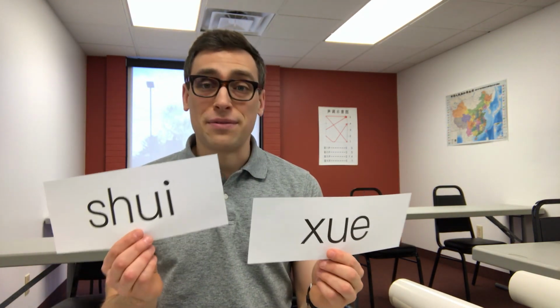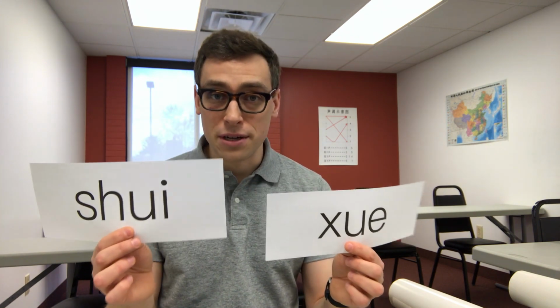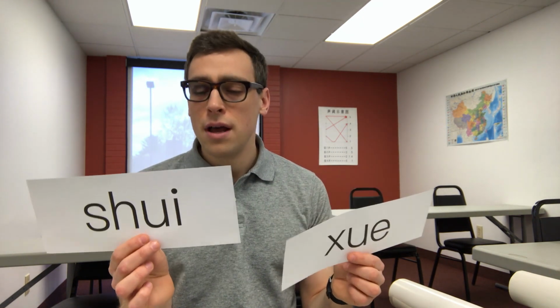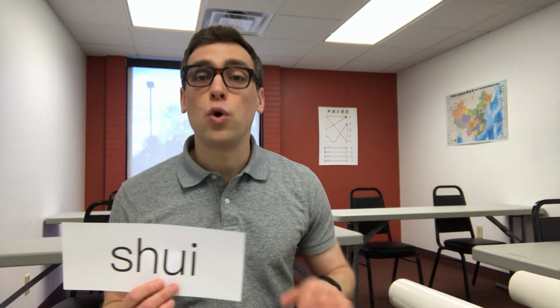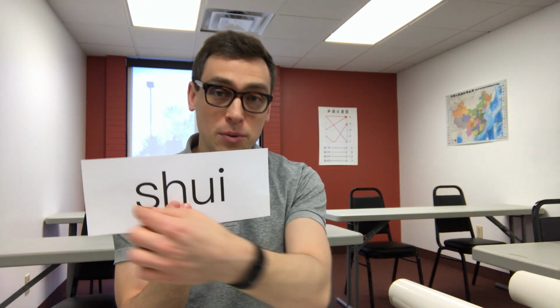The second difference is how the letter U is treated after each of these initials. After an SH, a U is treated like a U, right? So we have this shu, okay, and then we have to talk about this vowel slide in a bit, right? So that's how this is going to start.